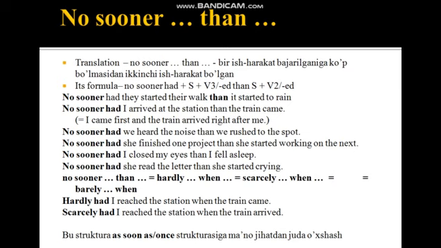So, guys, now let's look at its formula. No sooner. See, guys, pay attention to its beginning. The sentence begins with the word "no." And if it starts like that, then we have to use an inversion. The structure is: no sooner had plus subject plus verb 3 or ed, than subject plus verb 2 or ed.